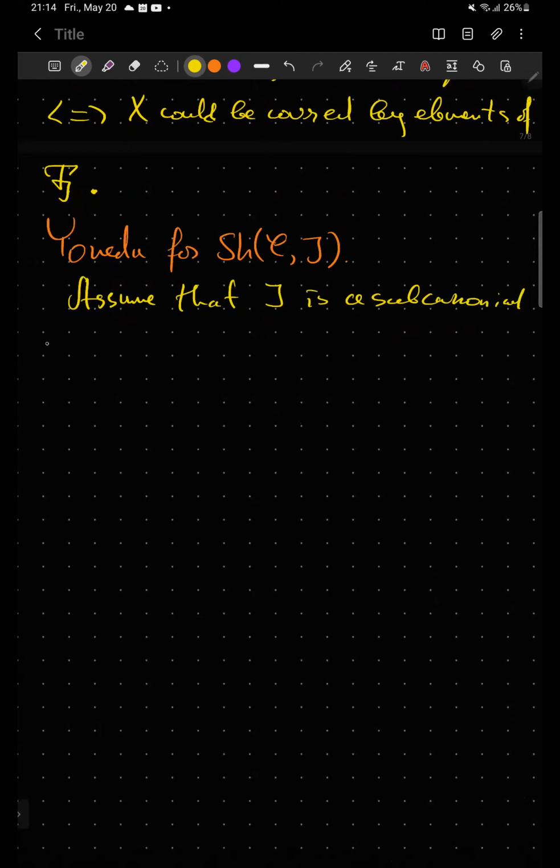So assume that J is a subcanonical topology on C. Then we have a factorization.